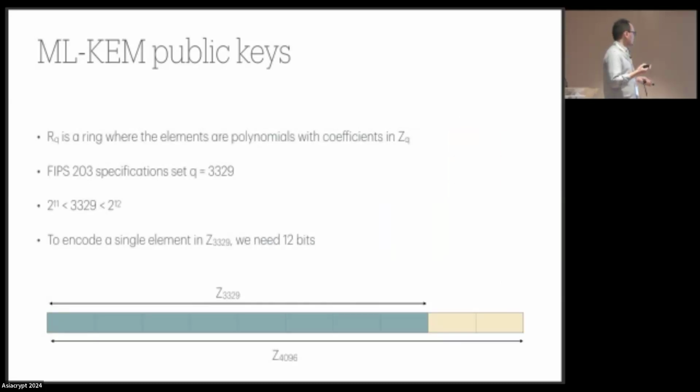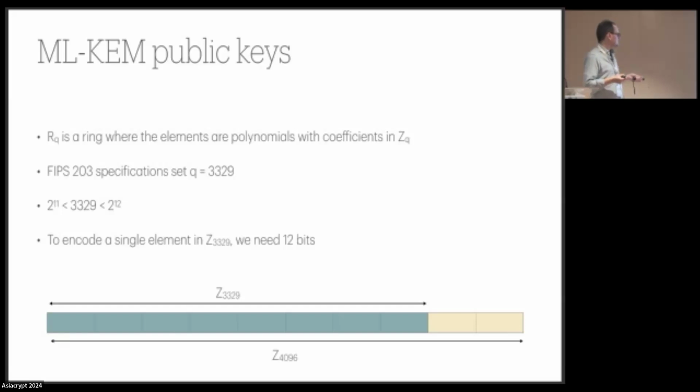This group element is encoded with many coefficients that are modulo Q, where, depending on the KEM, Q might be prime or might not be prime.